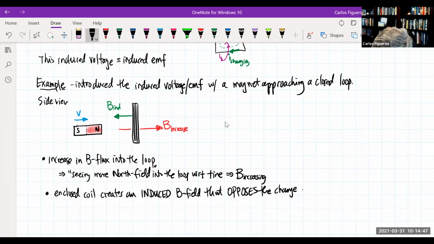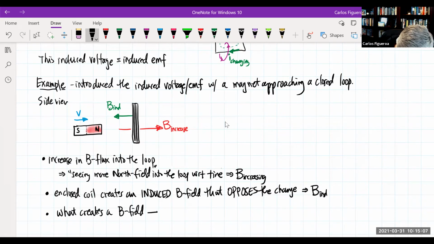And this is what we mean by B induced. And so we now ask the question, what creates a magnetic field? And we all know what creates a magnetic field is a current. So this implies that B induced must be proportional to some induced current.